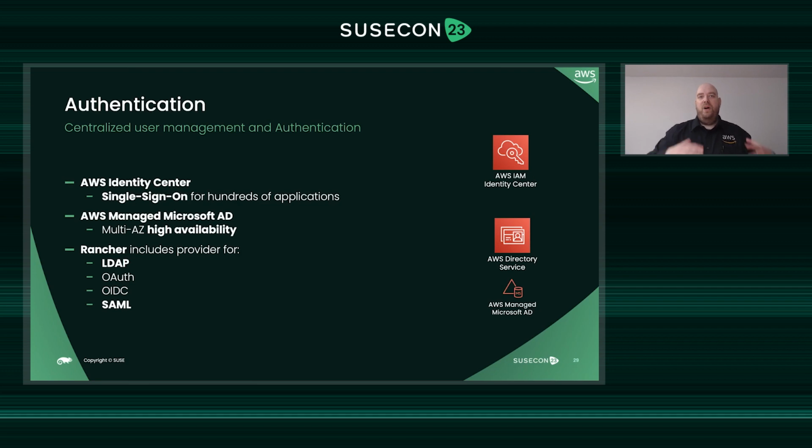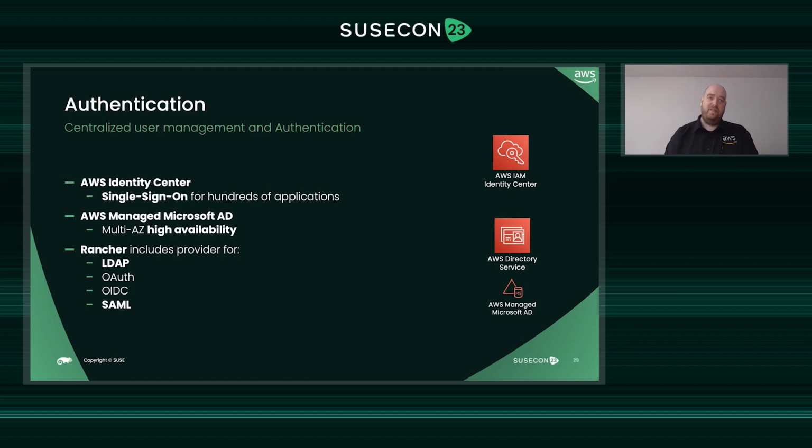Let's jump to authentication. I think that's also a very important topic because for smaller environments and POCs, the local user management from Rancher might be sufficient, but in larger environments, or to centralize it, Rancher comes with various authentication providers like LDAP or SAML.